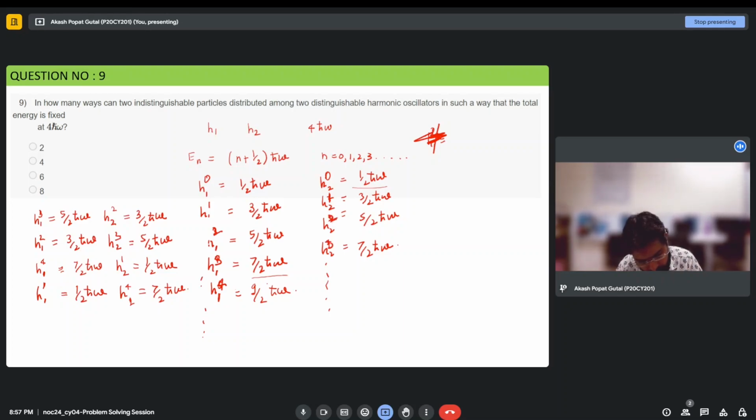I need to change here also; this will be 2, 1. I just missed the index. So 1, 2, here 3 and 0, and this is 0 and 3.